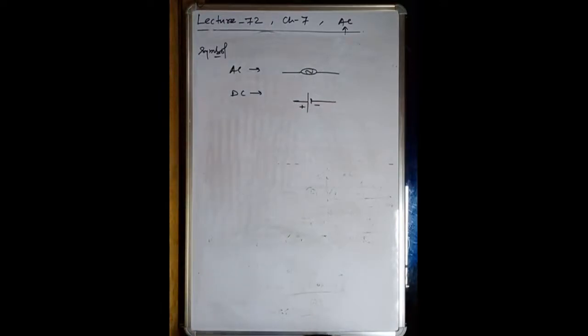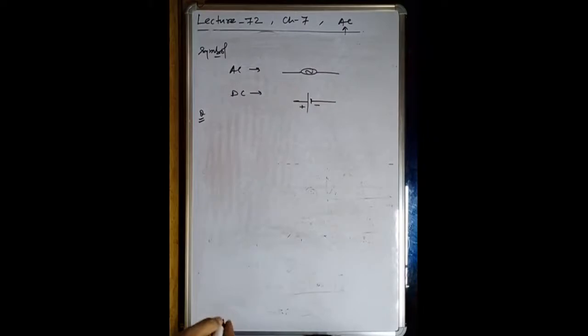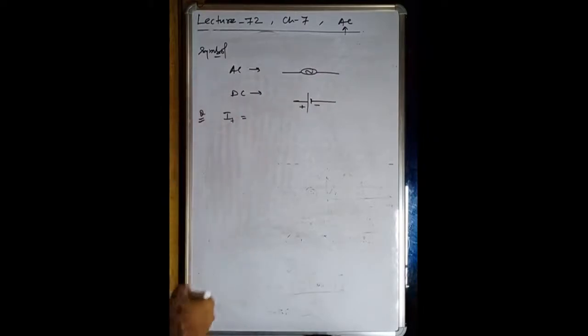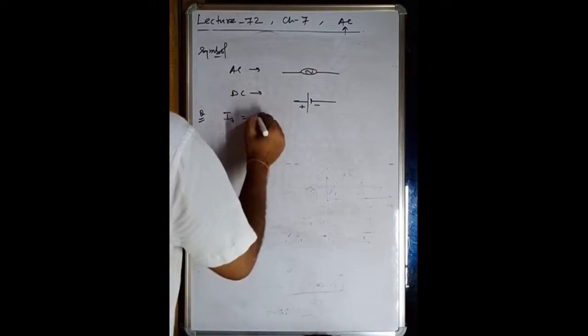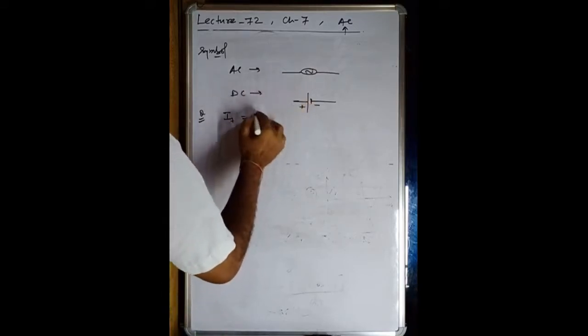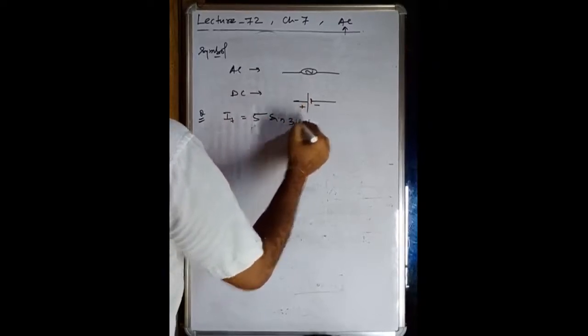Now let me solve a very simple numerical. It is given in an equation as IT equals 5 sine 314 t.